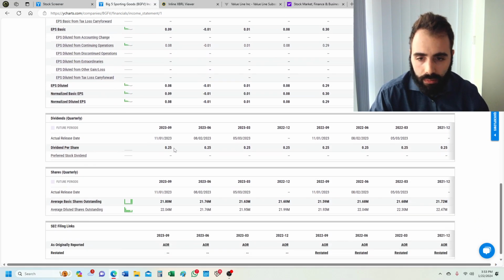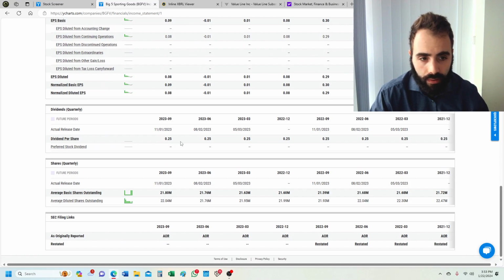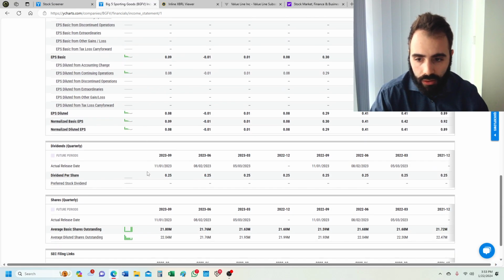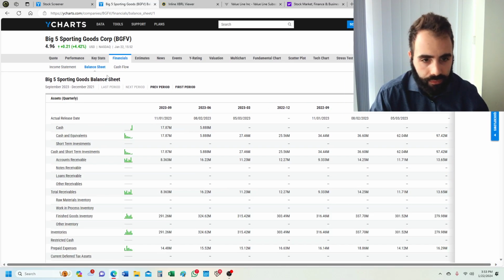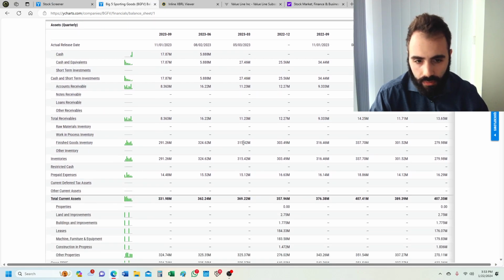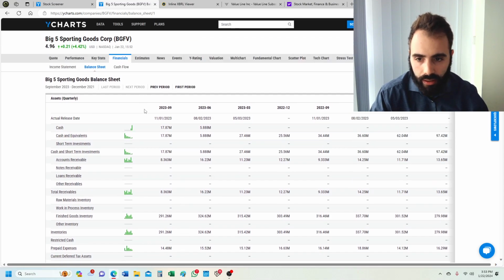I'm surprised that this company is still able to make money and still paying a dividend, although we've got to obviously do research in terms of what that's going to look like moving forward. Balance sheet side of things. So current assets, you can see here, have been basically being eaten away.